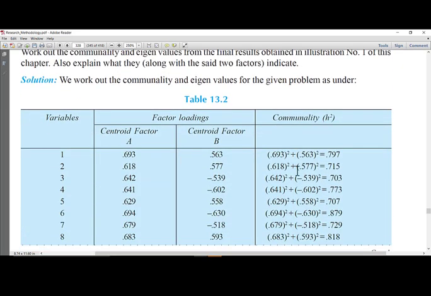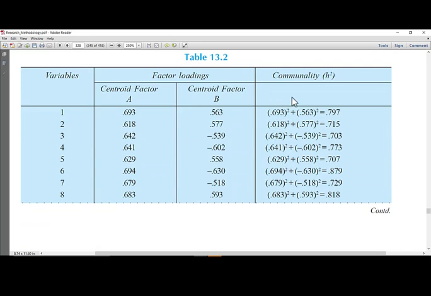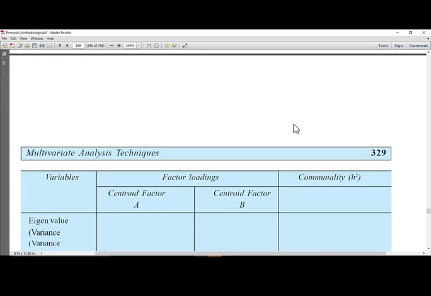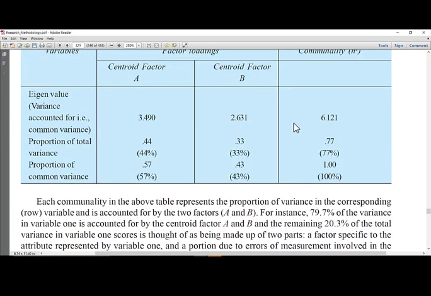Then we have seen this communality, that is, the combined relationship of this variable considering both these factors A and B. After finding the communality values, we have found the eigenvalue, that is variance accounted for, that is common variance.